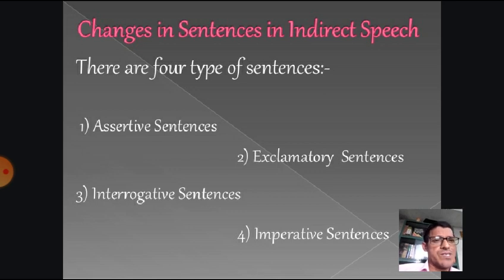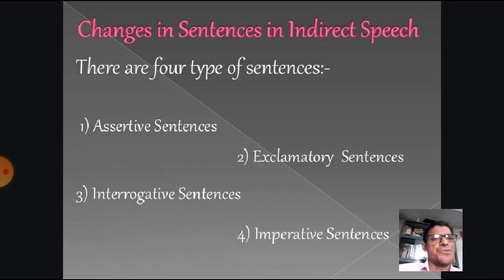Whenever changing the sentence from direct to indirect, we should keep in our mind that there are basically four types of sentences, though I hope you have studied five types of sentences, but here I'm talking about four types of sentences.